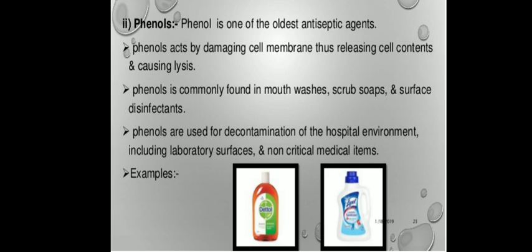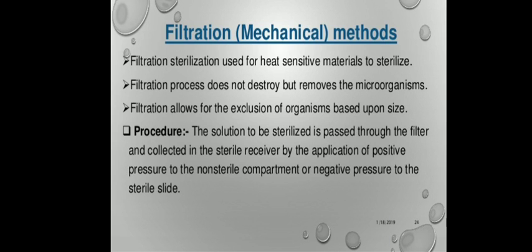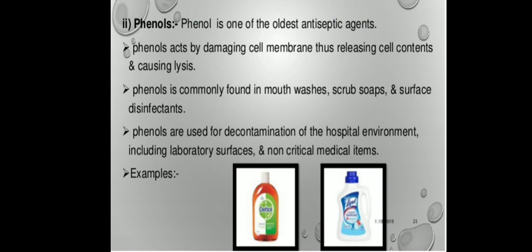In all these materials, phenols are present, and they are used for decontamination purposes. In various hospitals or laboratories, for cleaning or disinfectant purposes, phenols are generally used. These were the liquids or chemicals used for sterilization purposes.